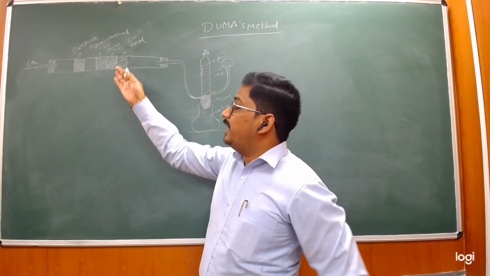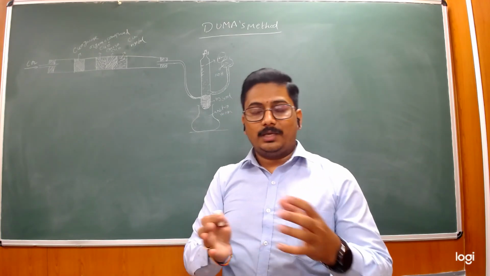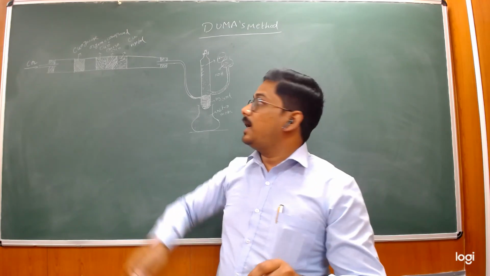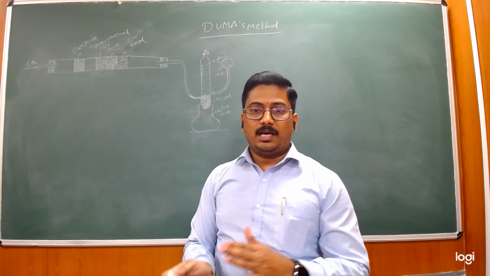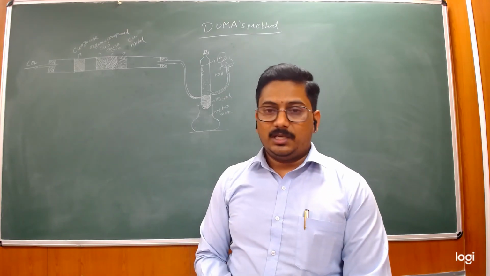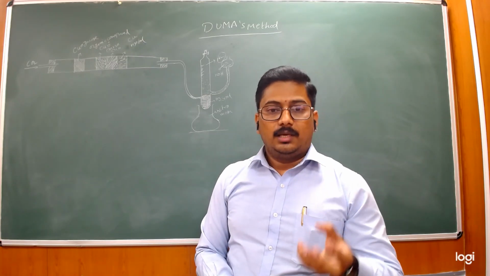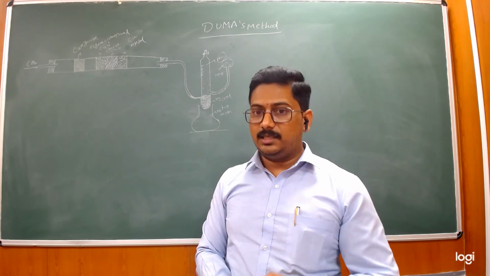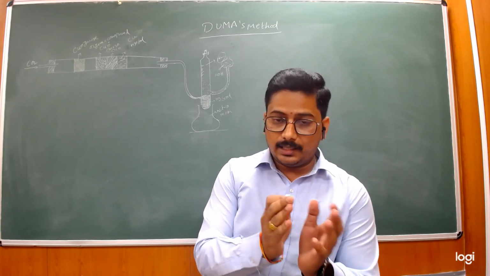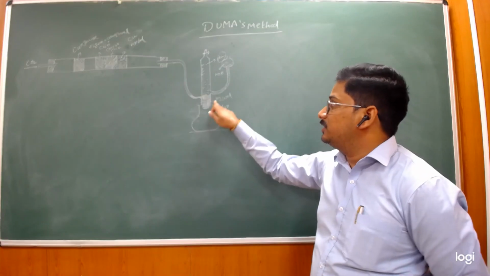If any of the nitrogen was formed as oxides of nitrogen, it can react with the copper metal and be converted into nitrogen, meaning the oxygen is removed from the oxides of nitrogen and N2 is formed. So the complete nitrogen content present in the organic compound can be formed into nitrogen gas. And here this is Hg, means mercury.